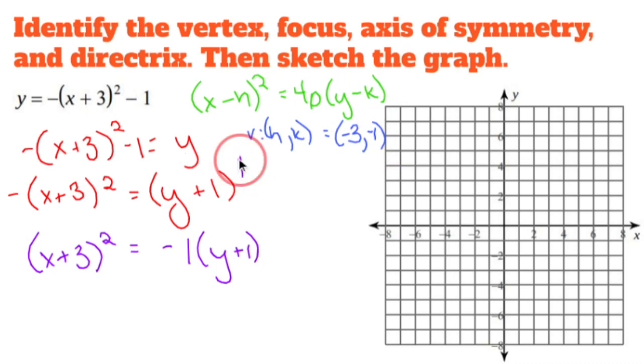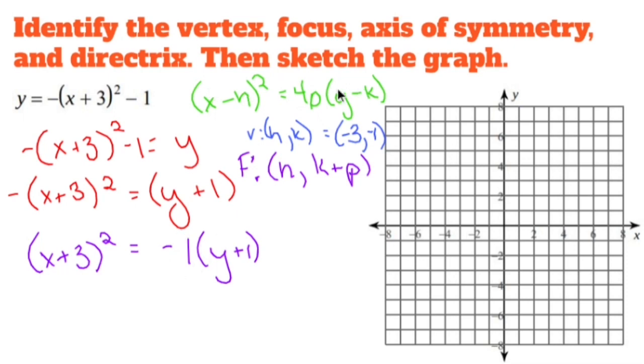My focus is found by taking h and then k plus p. You might be thinking, what's p? I still have to figure that out. In front of the parentheses here, I have 4p, and this is negative 1.